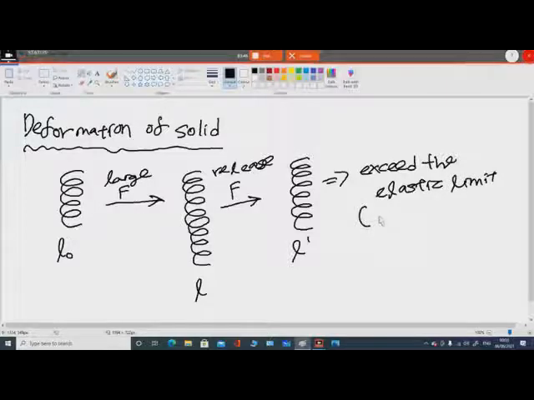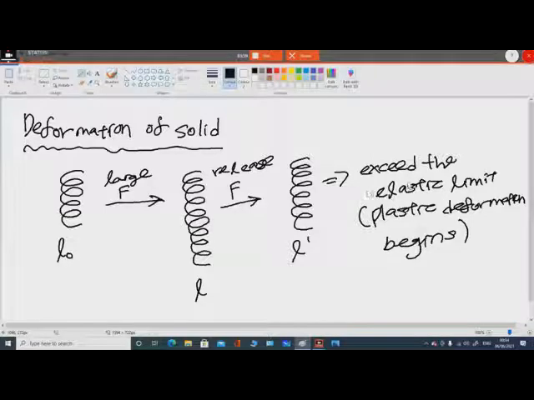This is what we call plastic deformation begins, since the force applied has already exceeded the elastic limit. Okay, so this is how the deformation of the spring works.